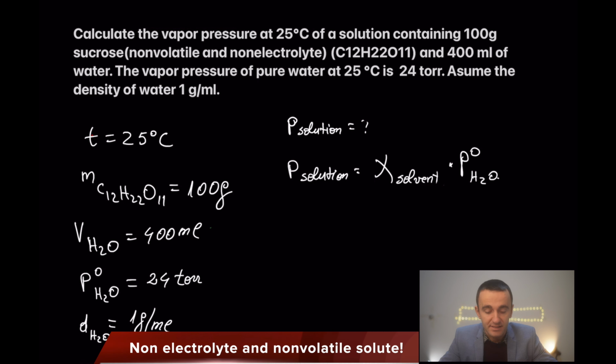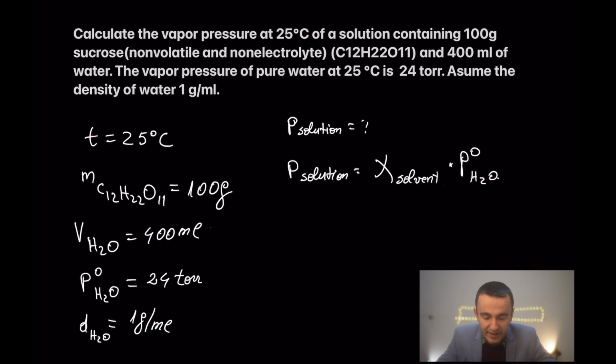Let's move now to this example to better understand the vapor pressure lowering. Calculate the vapor pressure at 25 degrees Celsius of a solution that contains 100 grams of sucrose, a non-volatile non-electrolyte, and 400 ml of water. The vapor pressure of the pure solvent at 25 degrees Celsius is 24 torr. Assume the density of water is 1 gram per milliliter.